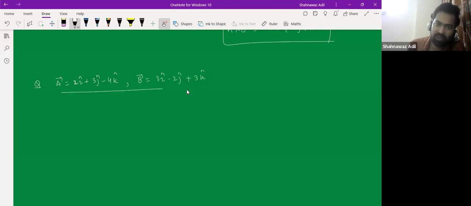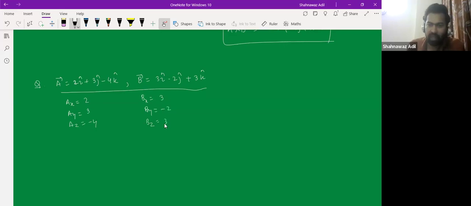So these are the two vectors, and we want to find out their cross product, right? We already know what is AX, AY, AZ. That is 2, 3, minus 4. From here we have BX, BY, BZ. So that is 3, minus 2 and 3. And then we have to find out A cross B.